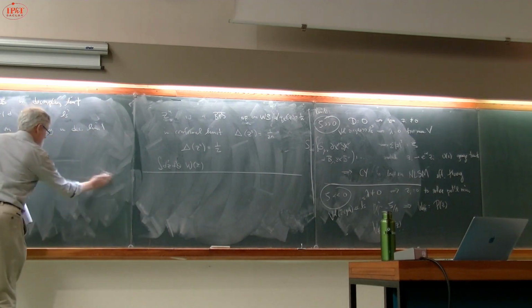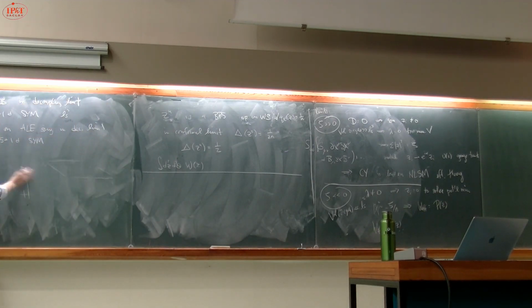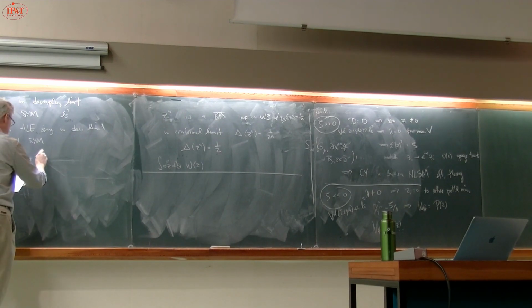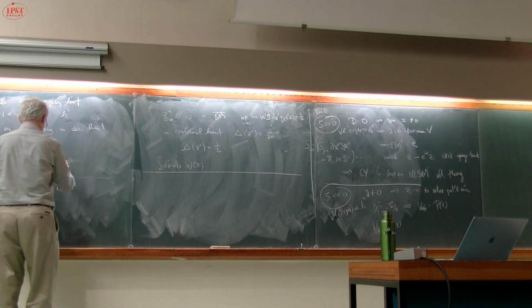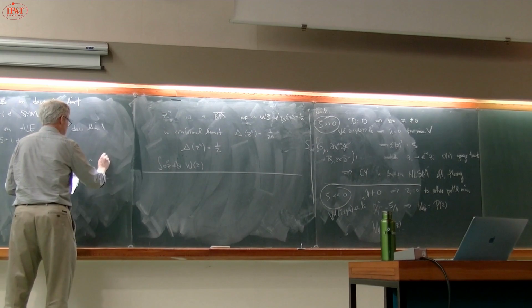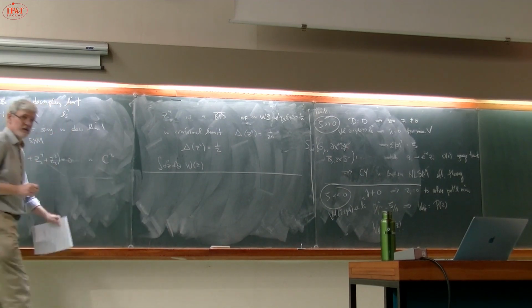So an AN singularity is what? It's z1 to the n plus z2 squared plus z3 squared equals 0, not in CP3, but in C3.